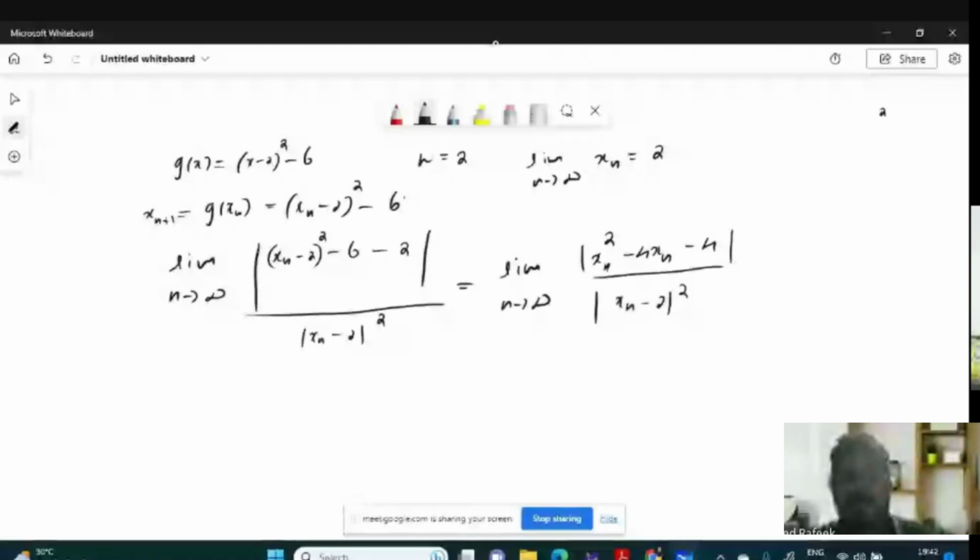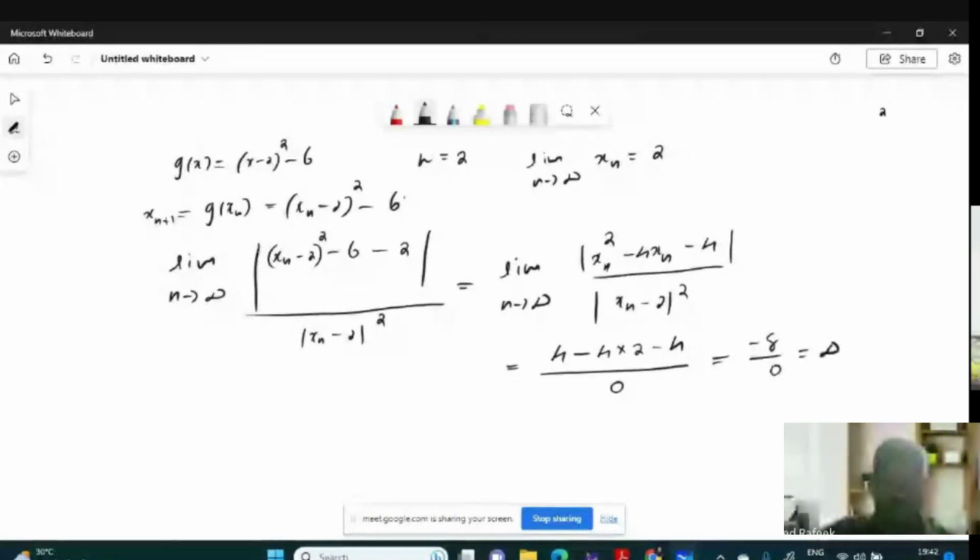Just apply the limit. 2 square means 4, 4 into 2 minus 4 is anyway 0. Something minus 8 by 0 again is infinity. So that option is also incorrect.